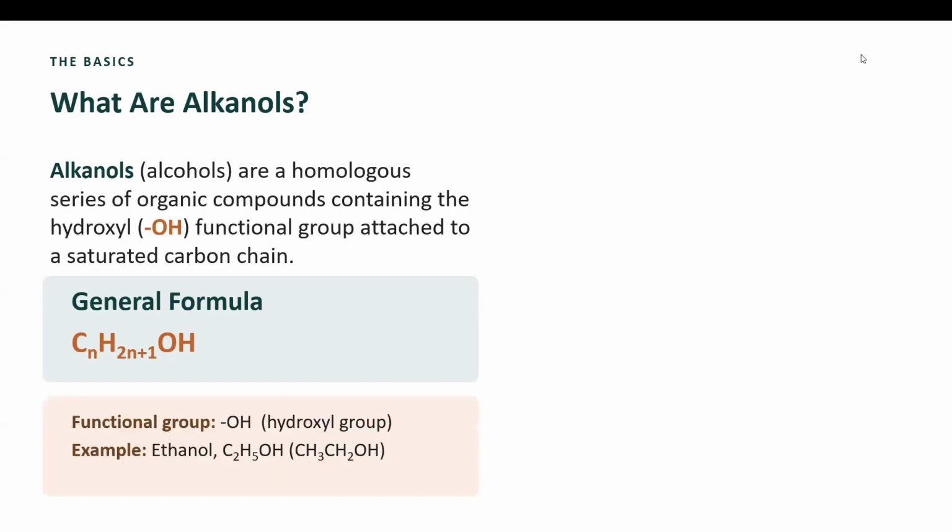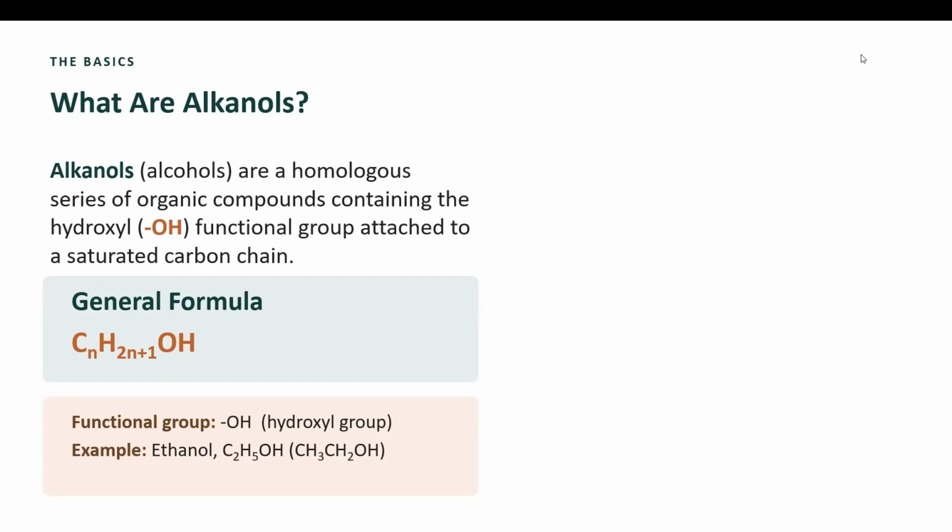So now the functional group is OH. And a typical example, the most common example, is ethanol with the formula C2H5OH. In this case, n is the number of carbon, and n here is 2.